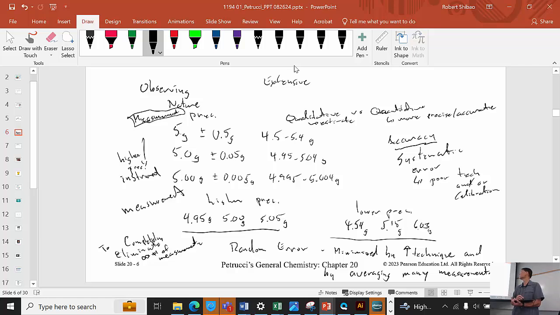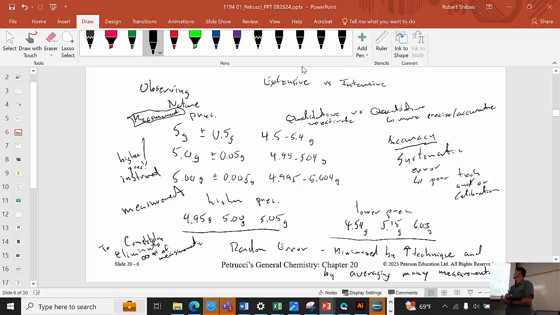The thing that people use often, and you've probably heard this many times, is what weighs more, a pound of feathers or a pound of gold? They both weigh the same, right? Because that's an extensive property.